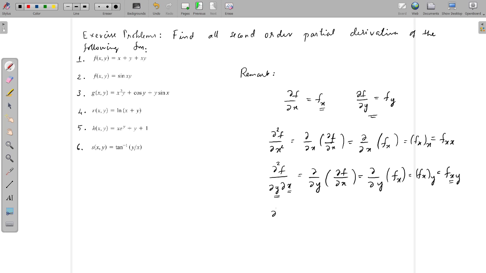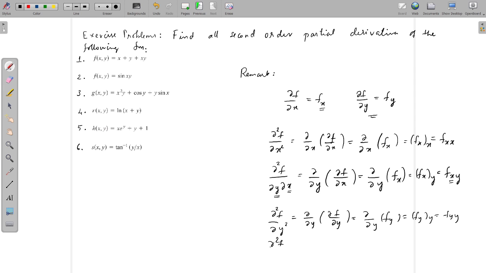Similarly, d squared f by dy squared. So what is the notation? This is d by dy of df by dy, and df by dy is fy. So this is d by dy of fy, that is fy of y, equal to fyy.